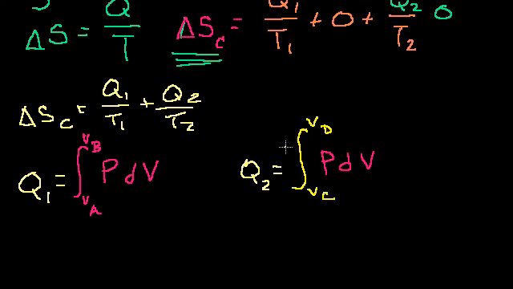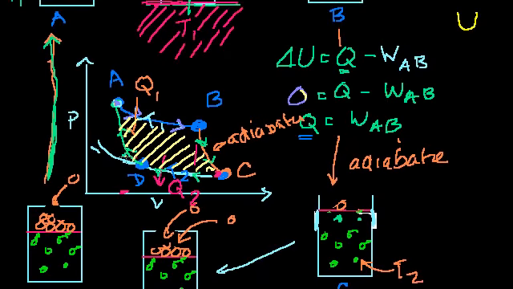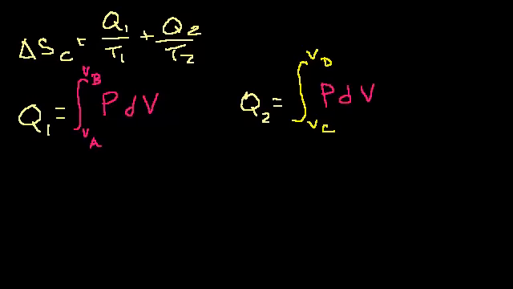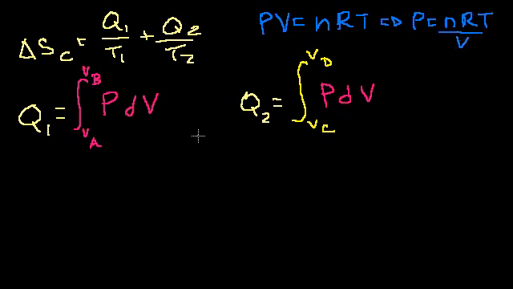Now, how can we evaluate these integrals? Well, we've done this before in a previous video. Both of these circumstances, when we go from A to B and when we go from C to D, occur on isotherms, right? So the only things that are changing are pressure and volume. Temperature is not changing. And so if we go back to our ideal gas equation, PV is equal to nRT, we can rewrite this by dividing both sides by V as P is equal to nRT over V. And substitute that back in for P in both cases.